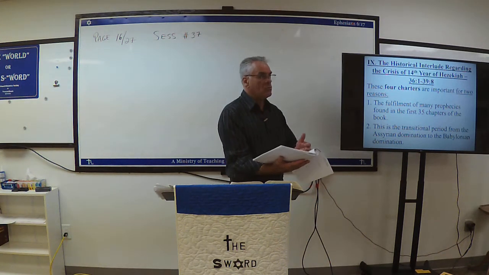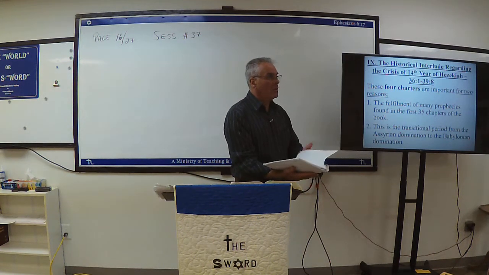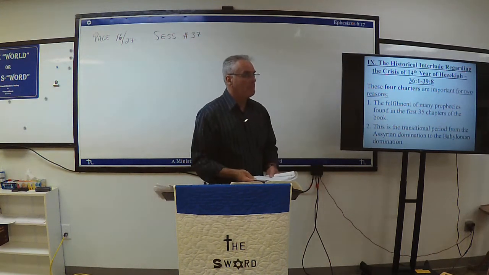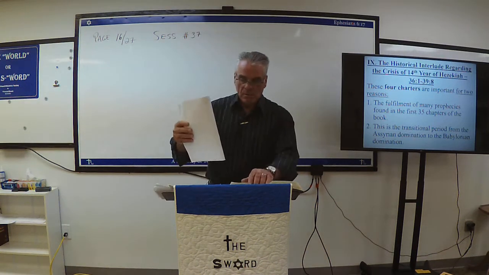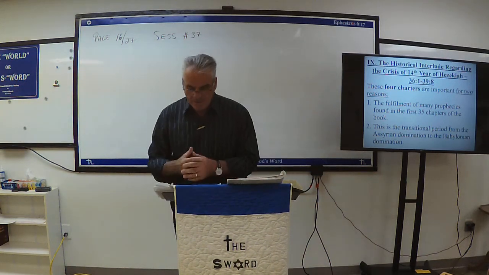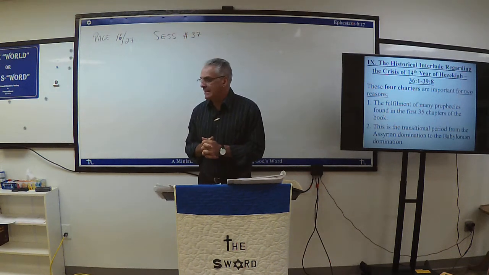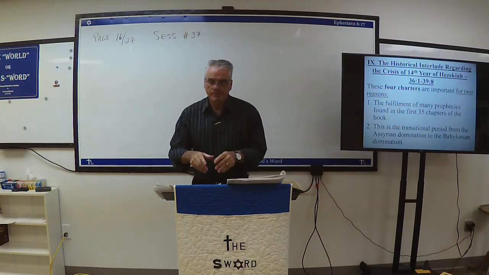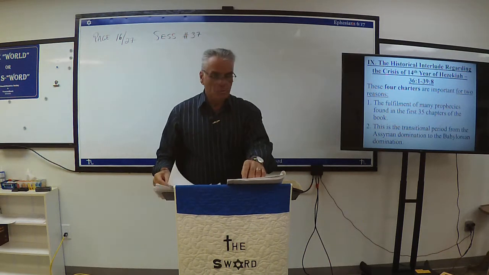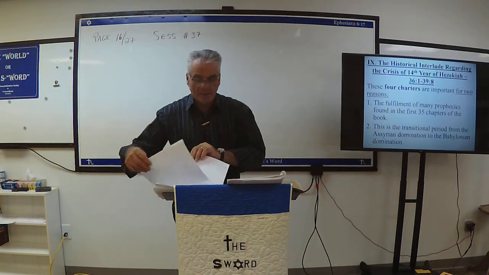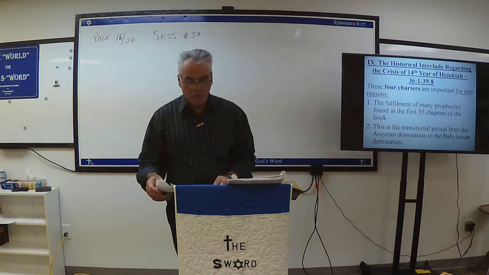That's what we see for the month to come. So it's a transition from Assyria to Babylonian periods, and I have shown you the 3 subdivisions of these 4 chapters.